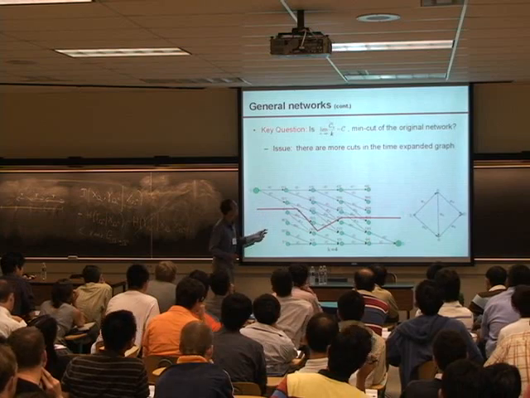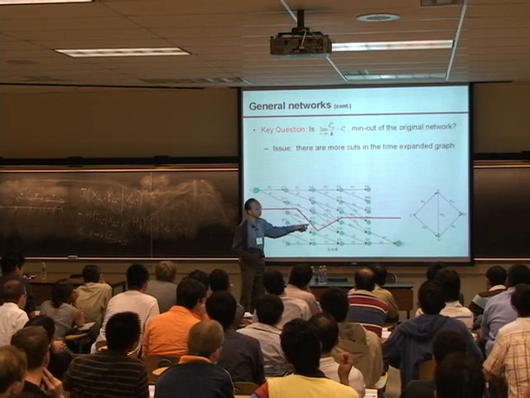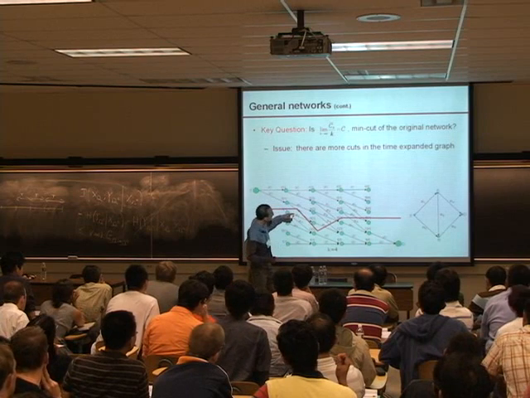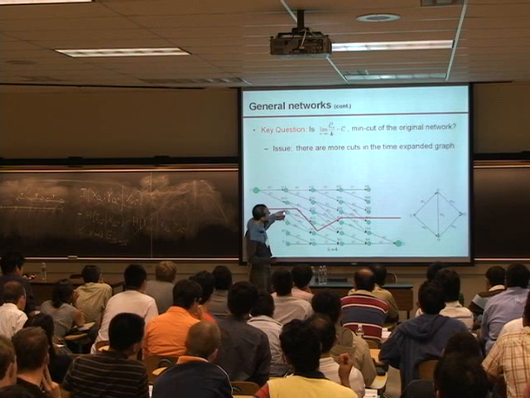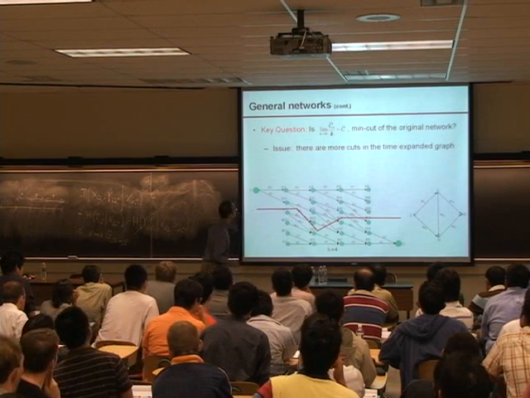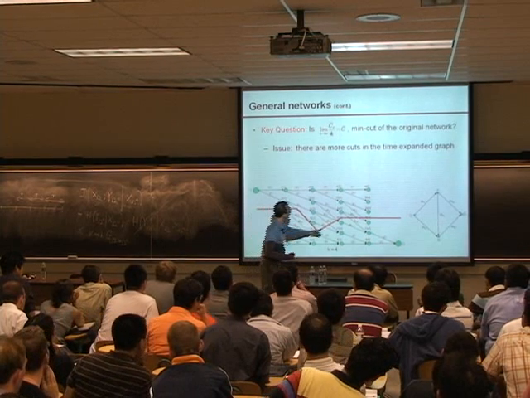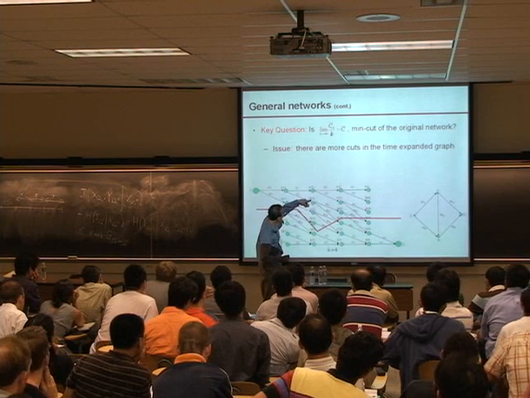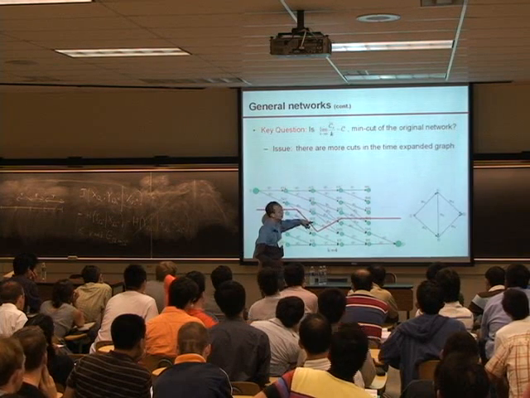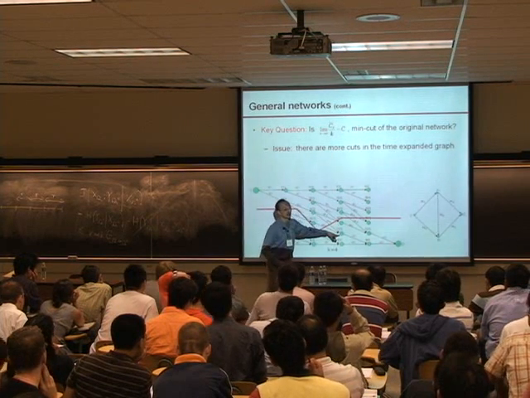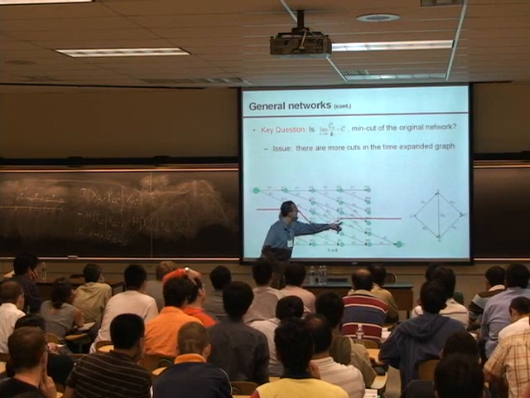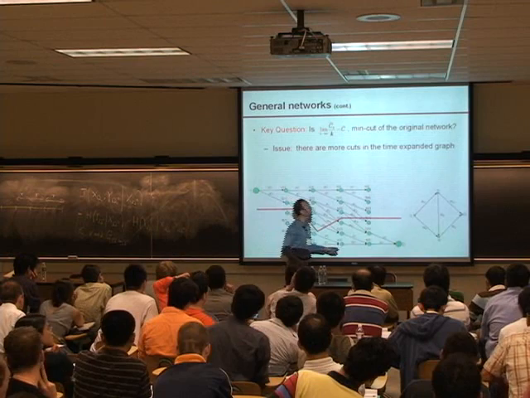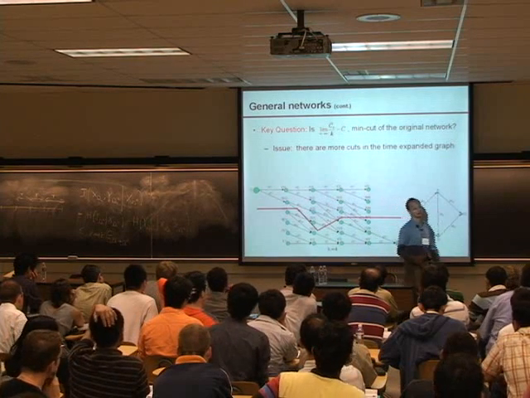But if you look at this cut, this is not so good. If you look at the edges flowing through this part, you have SAB on the left-hand side flowing to BD on the right-hand side. So B is actually repeated. So this does not correspond to the cut value of a cut in this original graph.